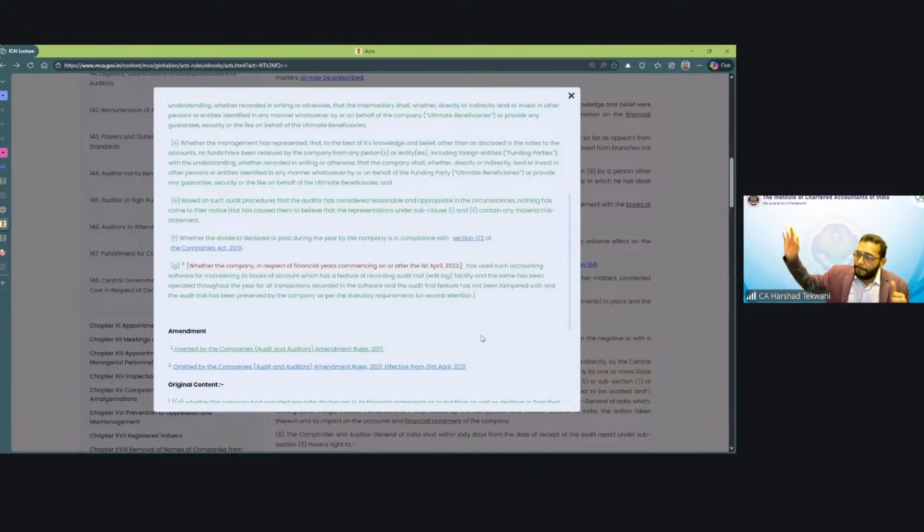So first, the company has to maintain it under section 128. Second, the auditor has to verify whether it is perfectly fine, it has not been tampered with, and the records are preserved, under section 143(3)(j), Rule 11, point (g).